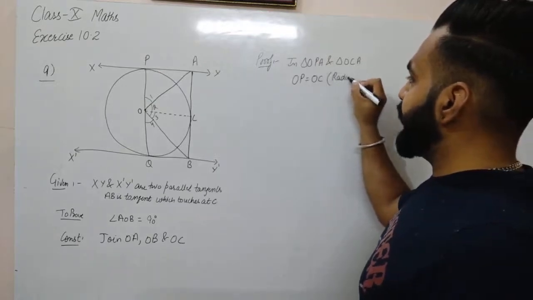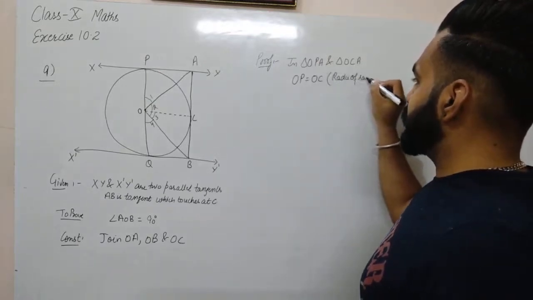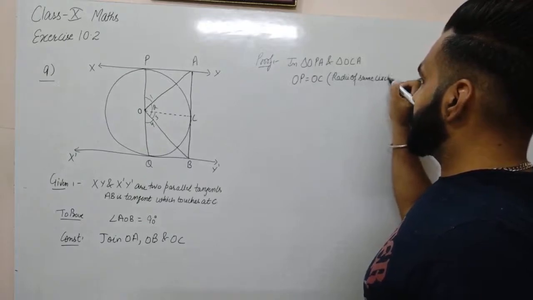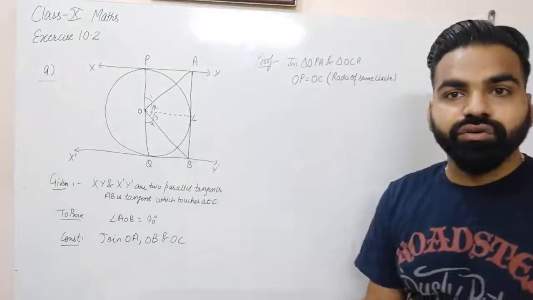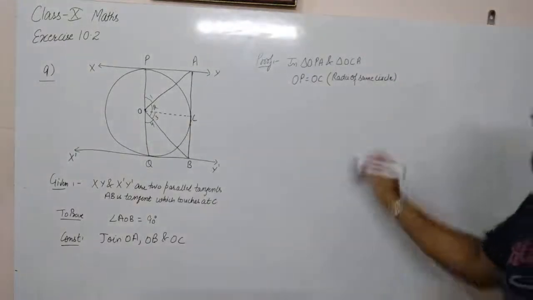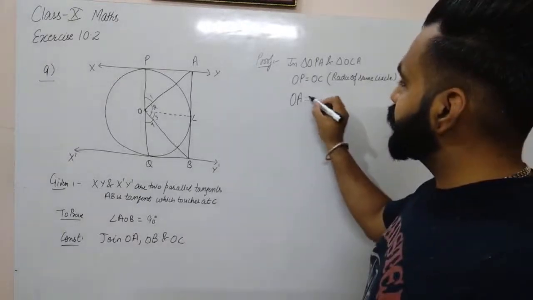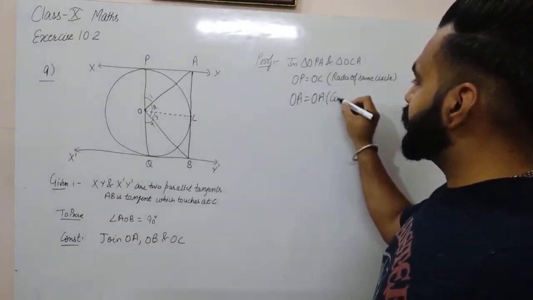Because they are radii of the same circle. OP is equal to OC, and OA is common, OA is equal to OA.